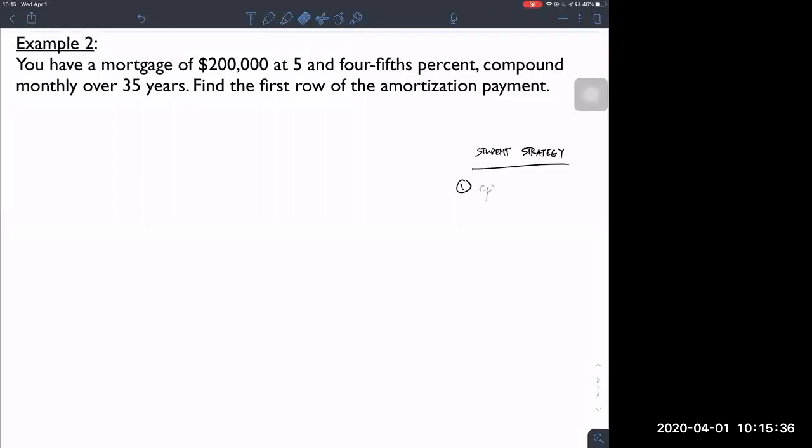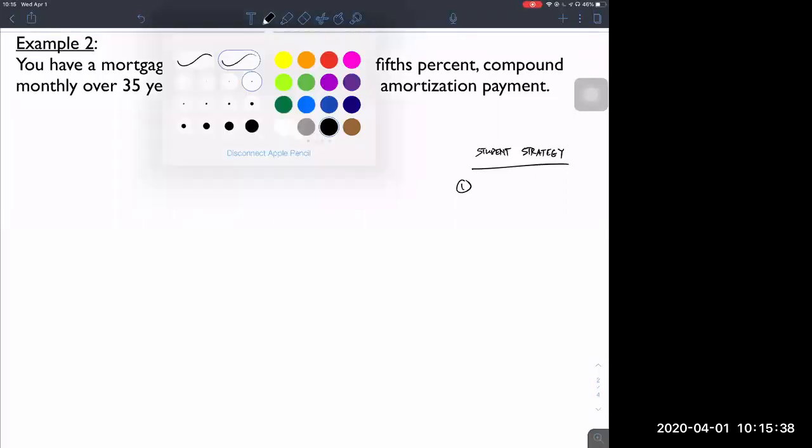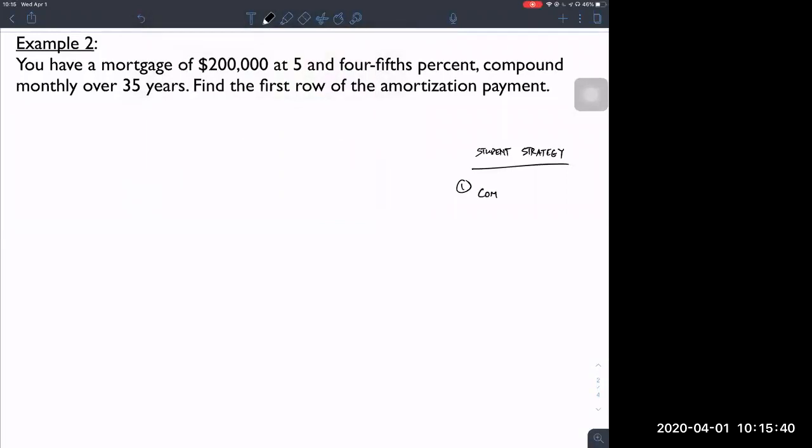Oops, let me write out compound monthly. So I'm going to abbreviate that, compound monthly. So then you assume 12.